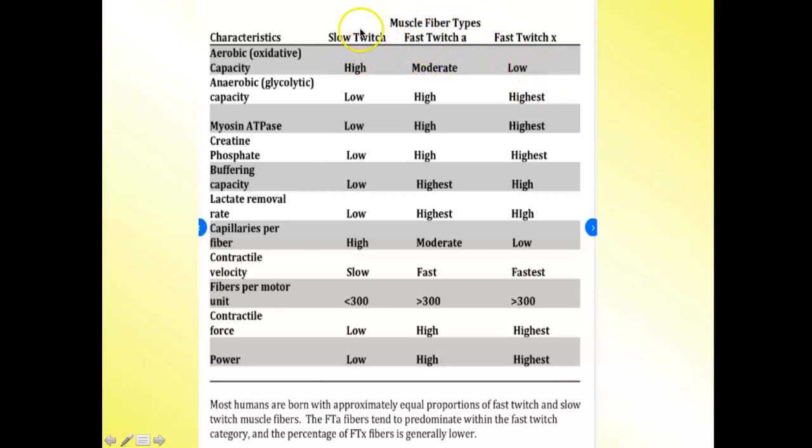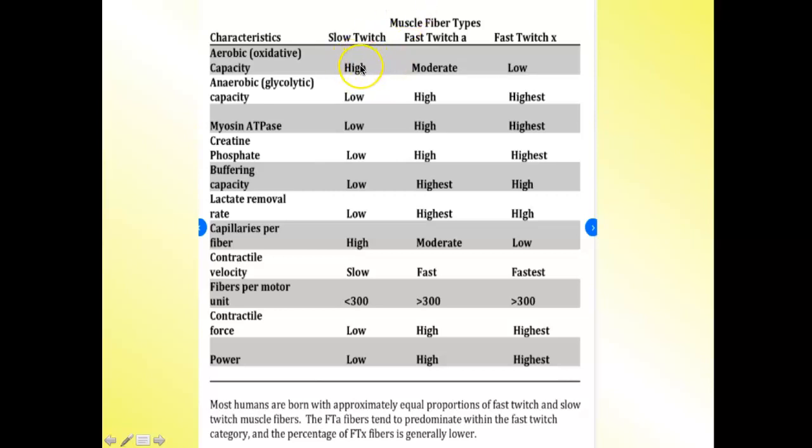So the two ends of the spectrum are on the sides, and the one in the middle is in the middle. Okay, so let's just talk about oxygen. Your muscle cells, it turns out, use oxygen, but some don't. Aerobic or oxidative capacity: your slow twitch muscles are aerobic, so they require oxygen to work. They need oxygen.